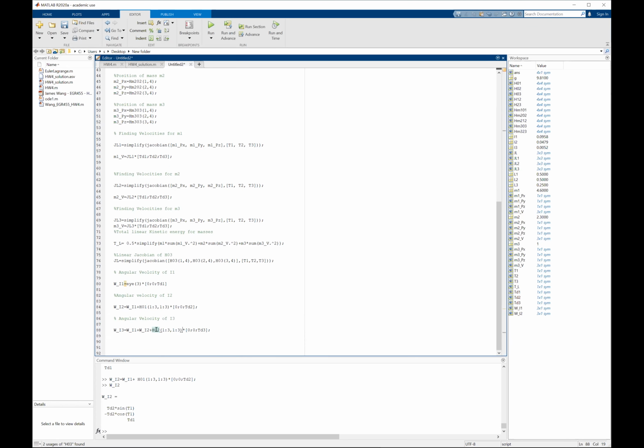So this is going to be R02 multiplied with TD. So I'm going to do angular velocity.